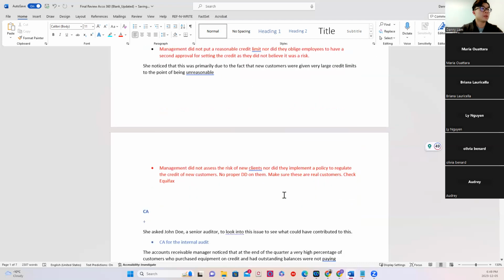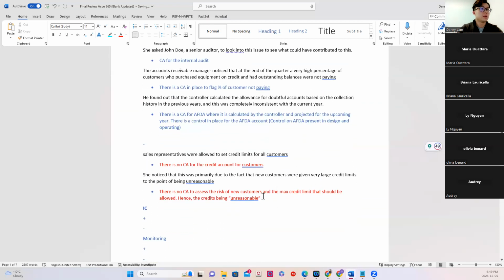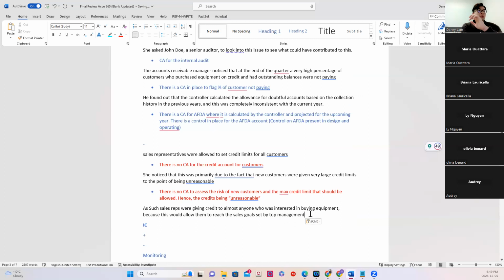I would put it in, let's say, control activities. Same negative here. We're giving credit to almost anyone. So I would simply say that.